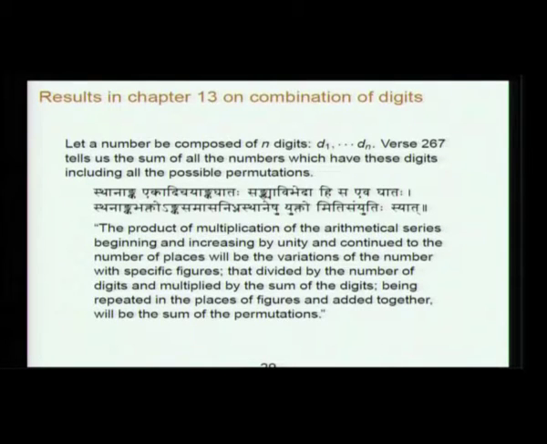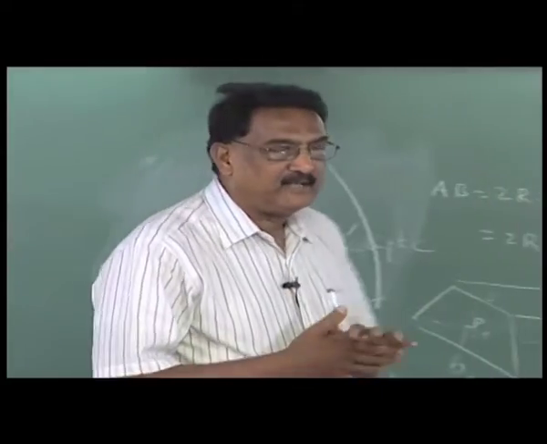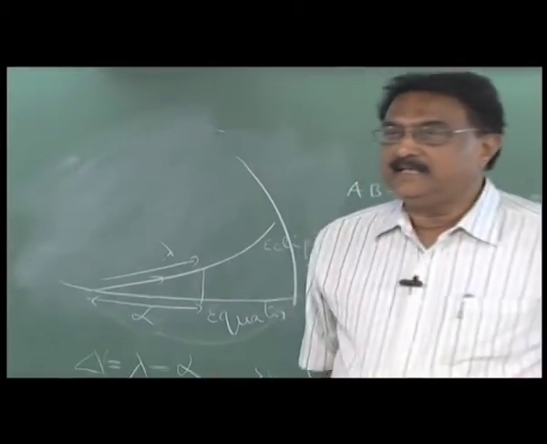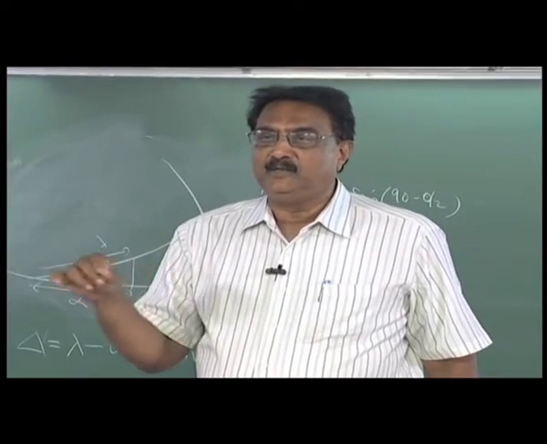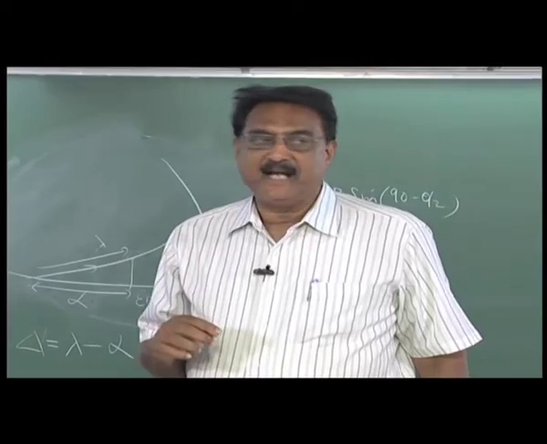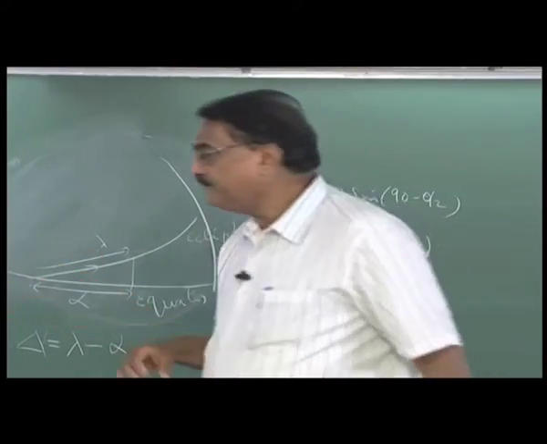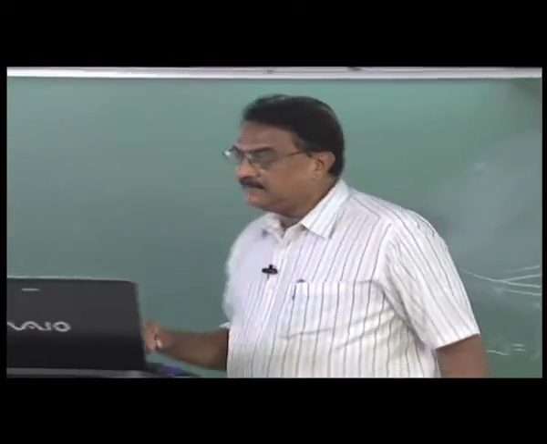Okay. So, then the results in chapter 13 on combination of digits. Let a number be composed of n digits d1 to dn. Verse 267 tells us the sum of all the numbers which have these digits, including all the possible permutations. We had seen that combinatorics was given even earlier in Chandas, but in the modern form, n into n minus 1 etc. divided by 1 into 2 was given by Mahavira, and Bhaskara also stated this earlier in Leelavati.